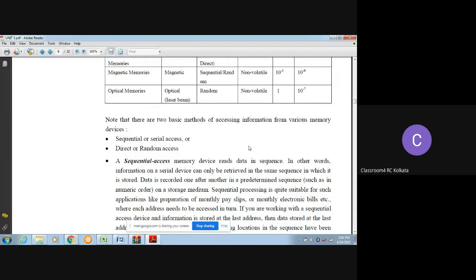And direct or random access means you fetch either randomly or directly. Then how can you access it? It is basically a different concept. Say I have an index, and that index is say 1 to 2, then 3 to 4, in this way.